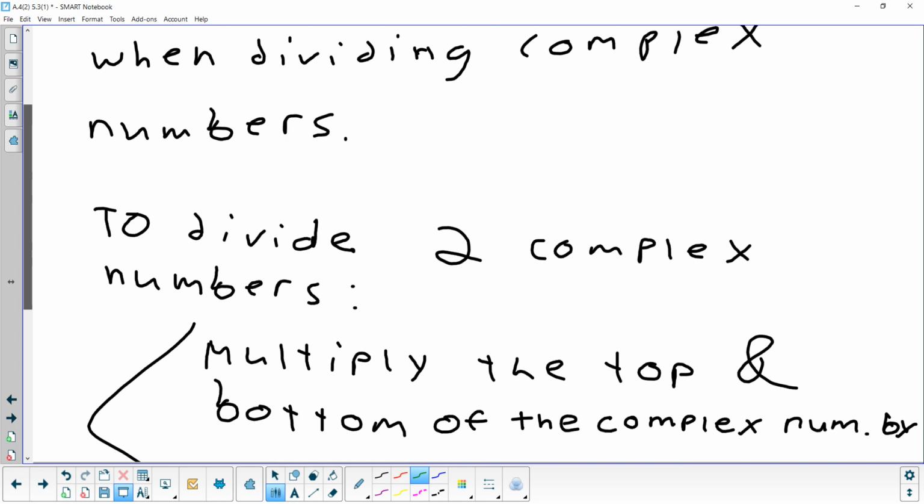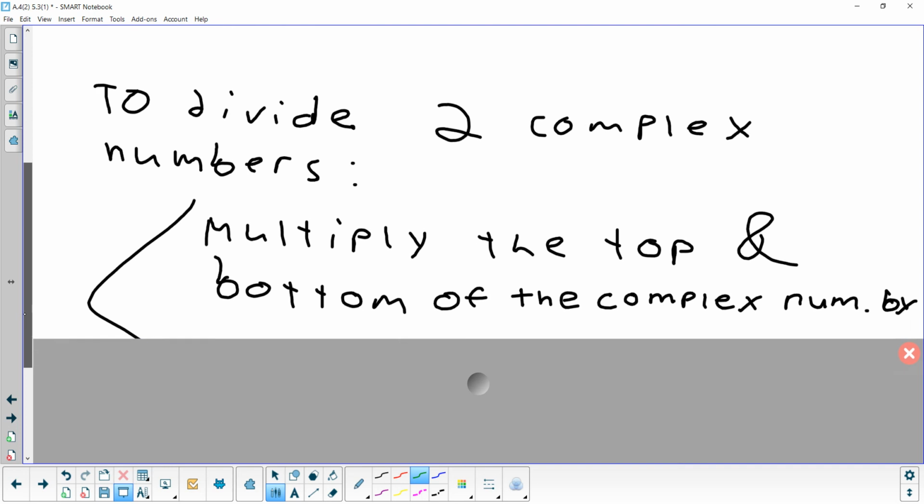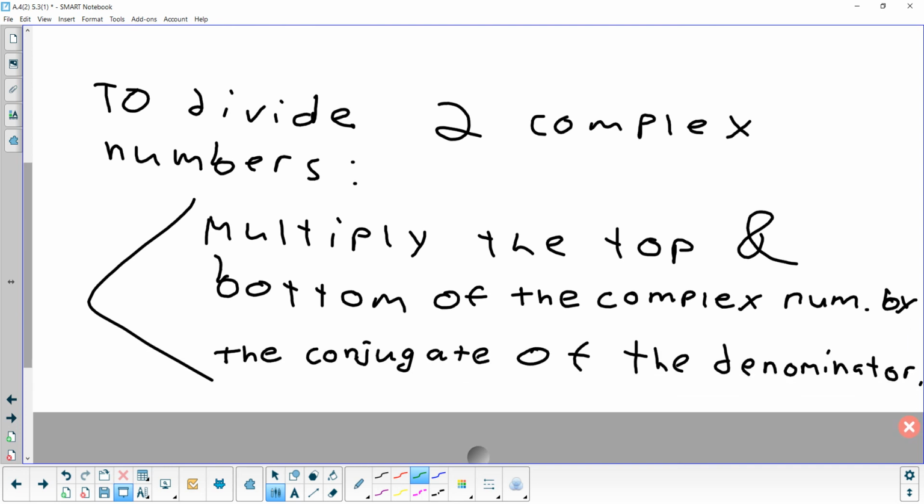But the way you divide two complex numbers is you actually multiply. You don't actually do division. To divide two complex numbers, you multiply the top and the bottom of your complex number by the conjugate of what's in the denominator.